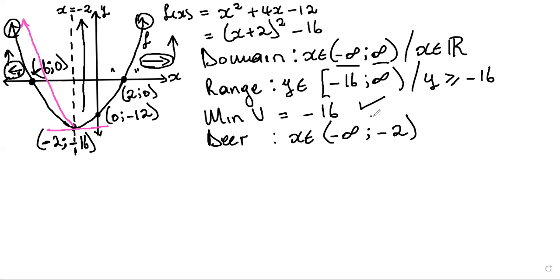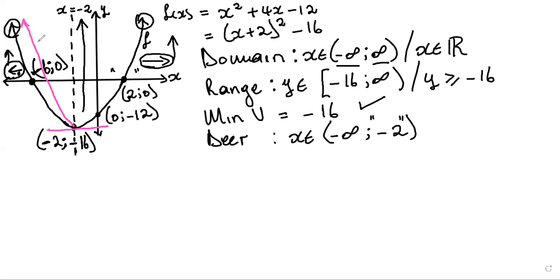So what am I saying in short? I'm saying every time you answer questions that are saying, where is this function increasing or decreasing? You focus on the x values. But for a parabolic function, you focus on the x coordinate of the turning point, which is negative 2. Because you need to check what is happening on the left of negative 2 and what is happening on the right of negative 2.